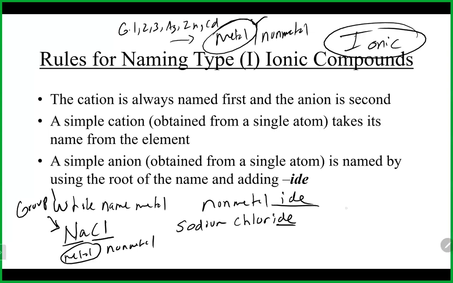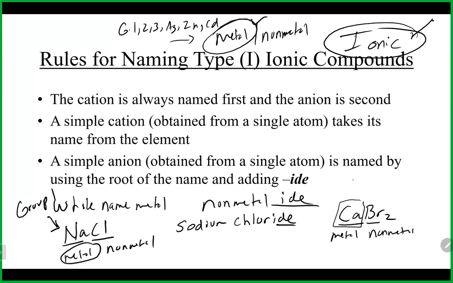Now, if you take one like this, we have CaBr2. Once again, we would do the same sort of thing. That is calcium, which is a metal. That is bromine, which is a non-metal. Once again, you should know it's ionic because of that. We want to look at our metal, which is always the most important thing.